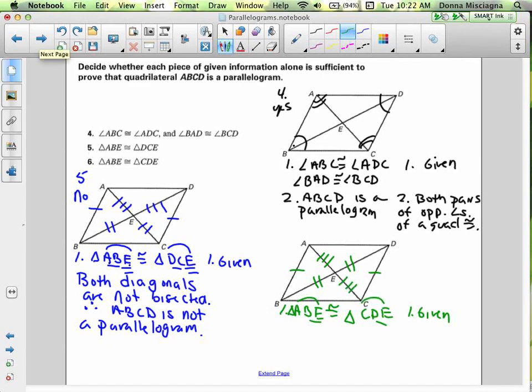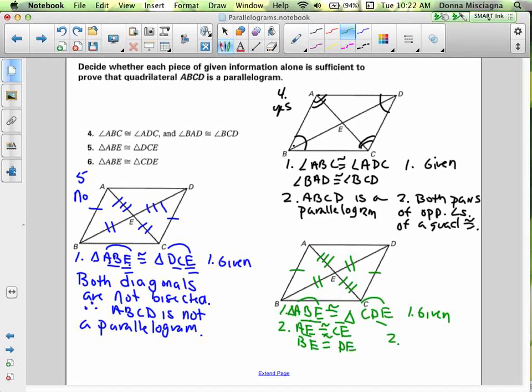Now that we have that, we have the sides I needed: AE is congruent to CE, and BE is congruent to DE.